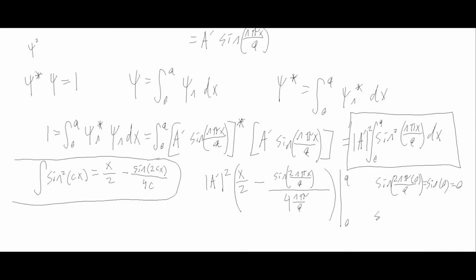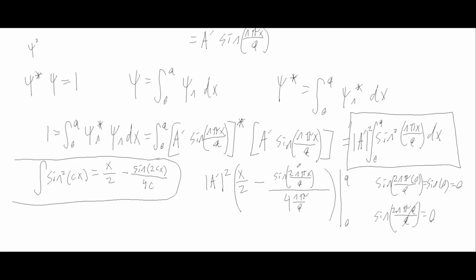And if we have sine of 2n pi a over a, these a's cancel out, that's just 1, but we still have an integer multiple of pi, which is just 0. So sine of an integer multiple of pi is equal to 0.